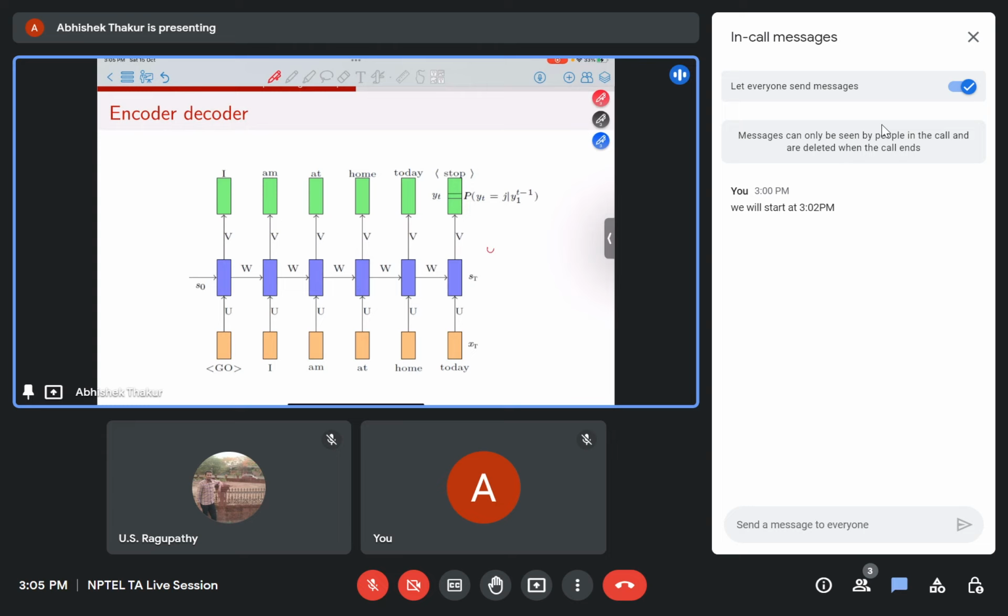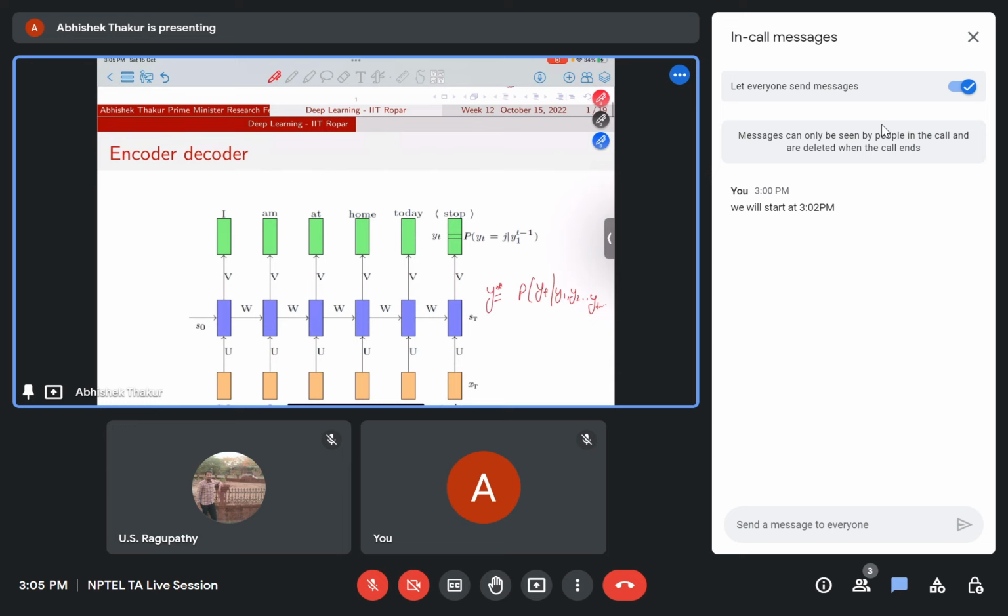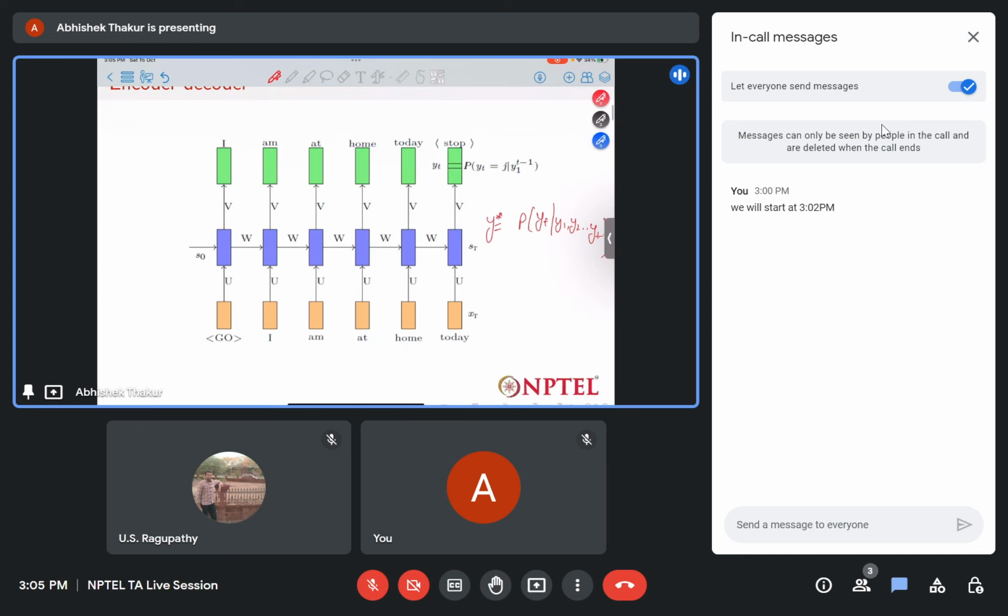So our prediction is the output at the tth time stamp such that y1, y2, up to yt minus 1 is given. This is our main task in language modeling.